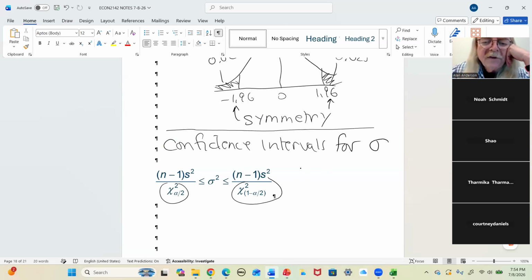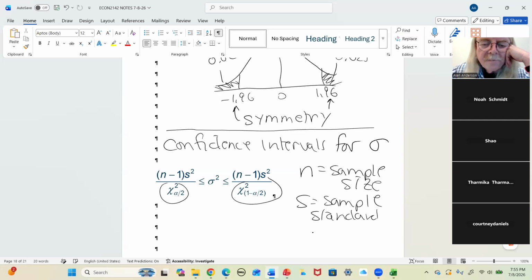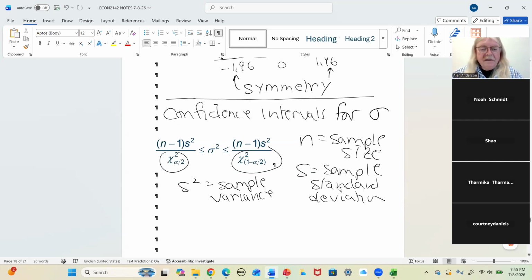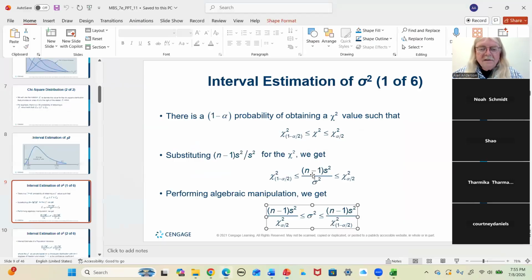And now also let's not forget that n is the sample size, and then S is the sample standard deviation. That S squared, of course, is the sample variance. All right. So let's see if they've got an example here for us.